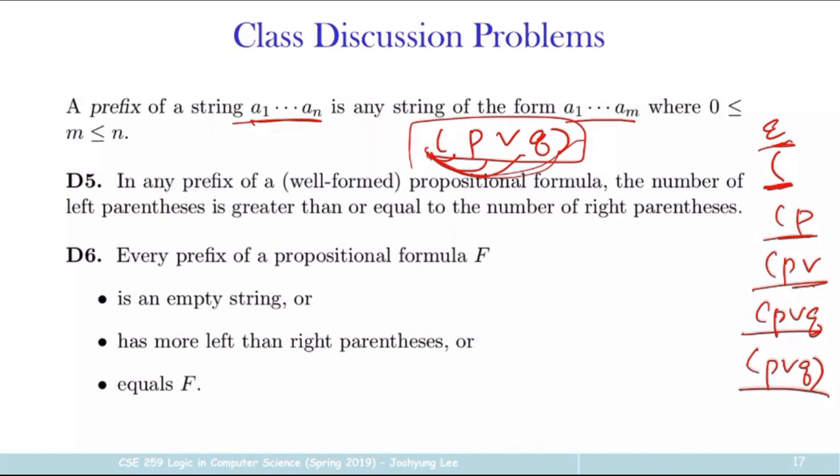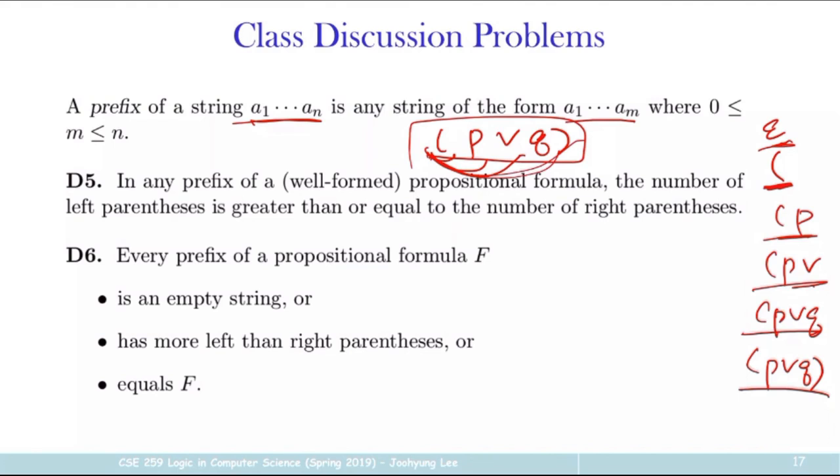The second one, this one, they all have a larger number of left parentheses, while the last one has an equal number of left and right parentheses, and it's actually exactly the same as the given formula F. Okay? So whatever prefix you take, you will always see one of these three cases apply. That's what P6 is about.